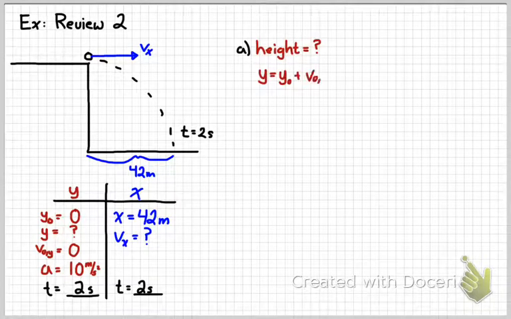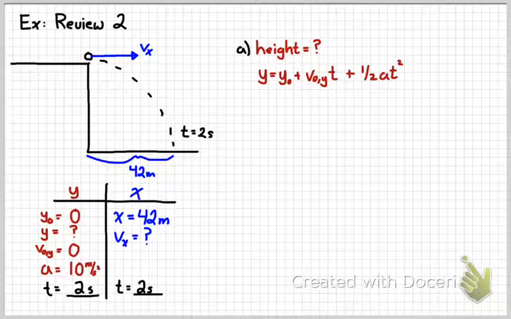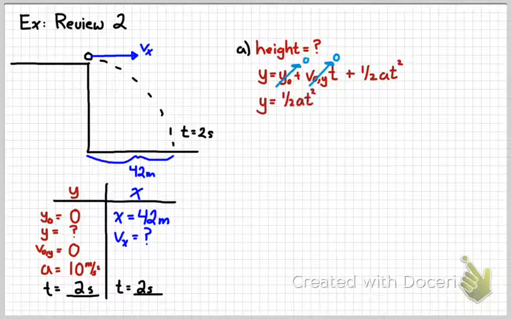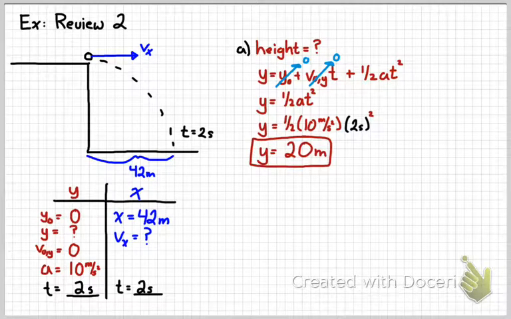So finding the height first, our equation of motion, y equals y subscript 0, plus initial velocity in the y direction times time, plus 1/2 a t squared. I can take out those two terms because they're 0, and then I don't have to do any solving. I can plug right in, and we would get y as 20 meters.